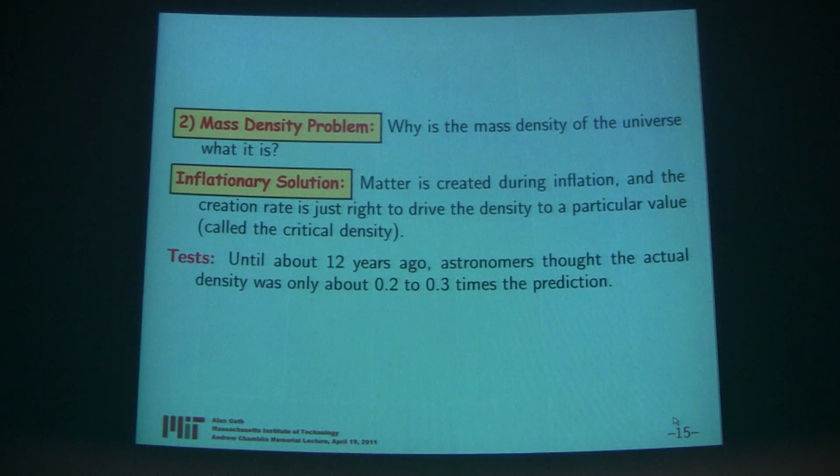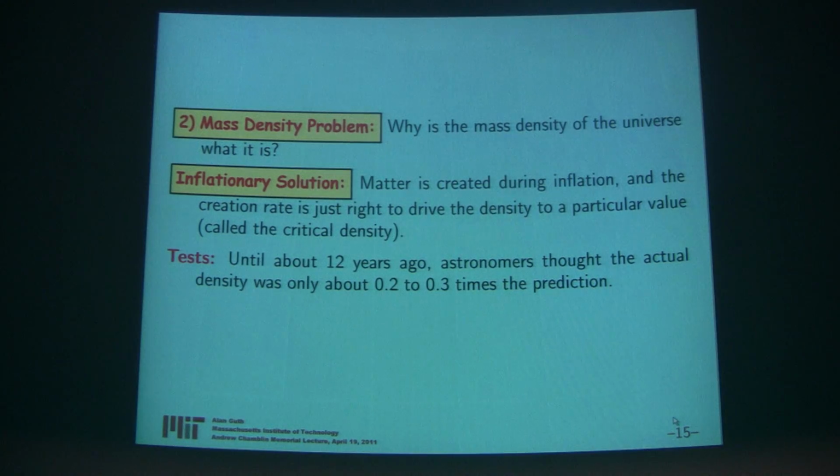It was particularly uncomfortable for me because it meant that whenever I had dinner with astronomers, they would sort of look at me slyly and say that, well, you know, inflation is a very pretty theory, but it can't be right because it predicts that the density of the universe should be this critical value, and we know it's not. It's only 0.2 or 0.3 times that. But all that has changed. Now I can have dinner with astronomers again because the measurements have changed.